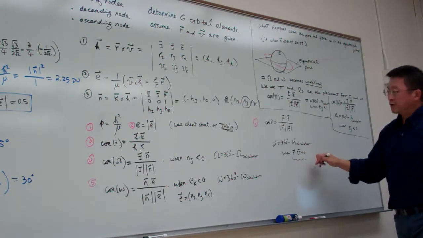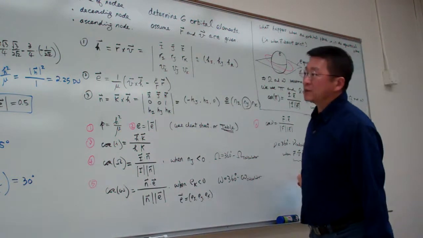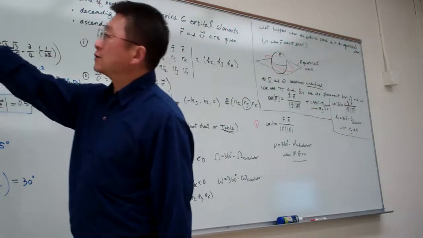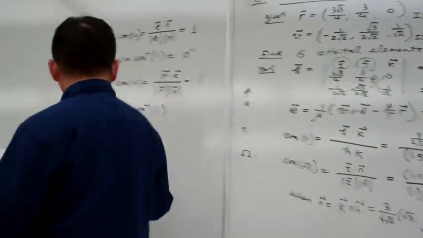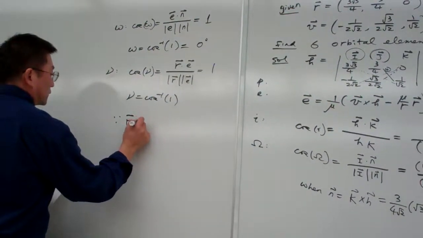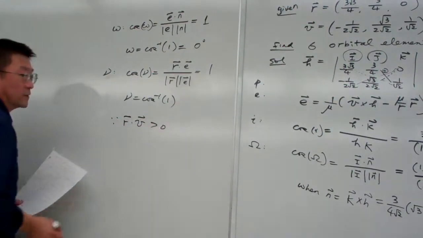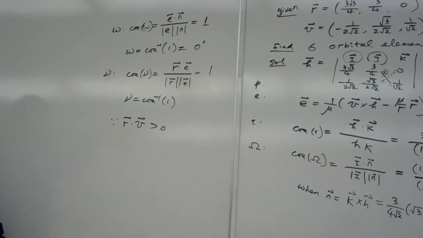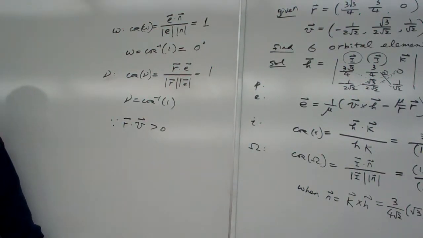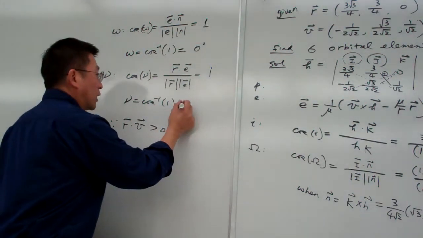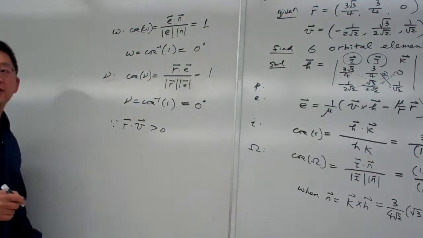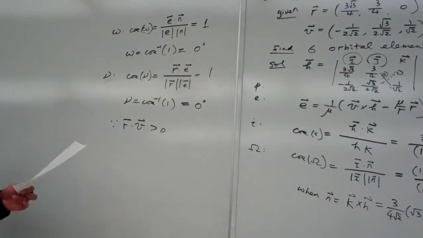So see if we have this situation happen in our case. R dot V, because R dot V for this case is greater than 0, so that is in the upper portion of the orbit. So we don't need exception handling. So whatever your output is, you take it from your calculator, 0 degrees.